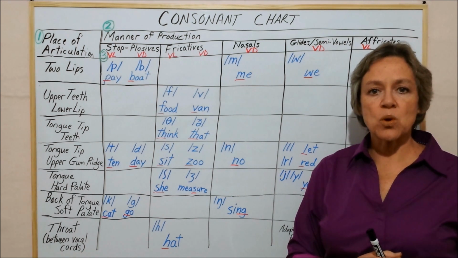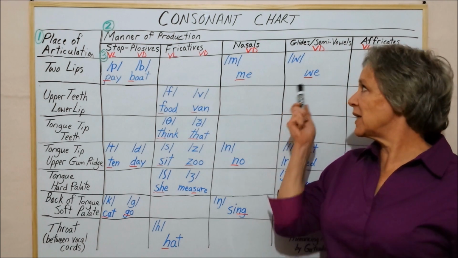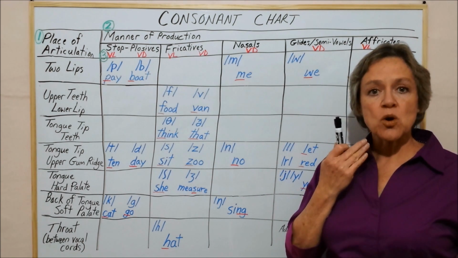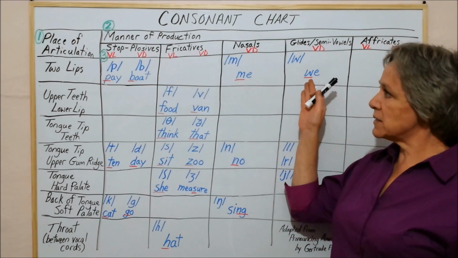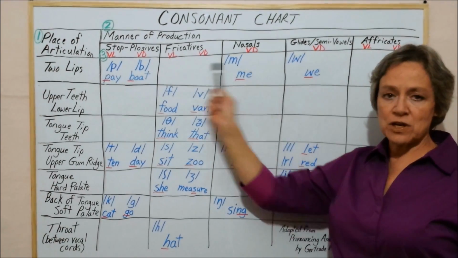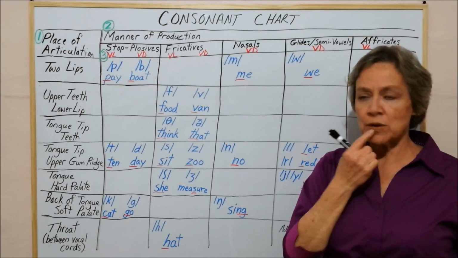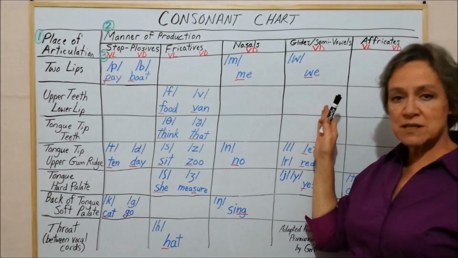W, w, followed by a vowel sound. So in here it's we. But notice I am using my lips, but I must round them, okay? So that means the place of articulation is the same for each of these sounds. The place is my two lips, that's what's important. But number two, the manner of each of these is different.